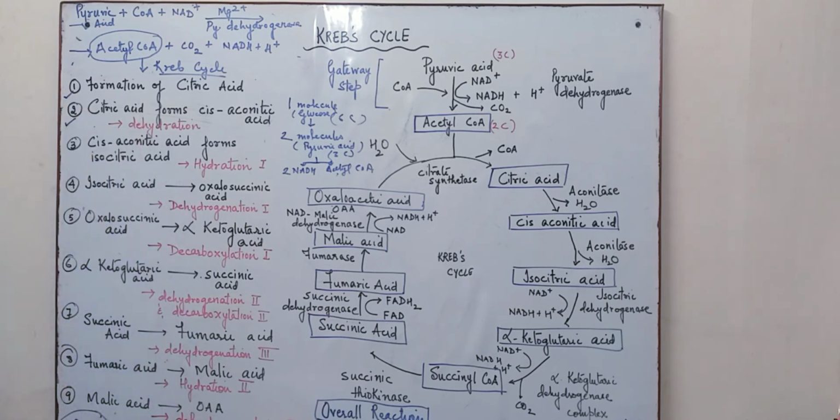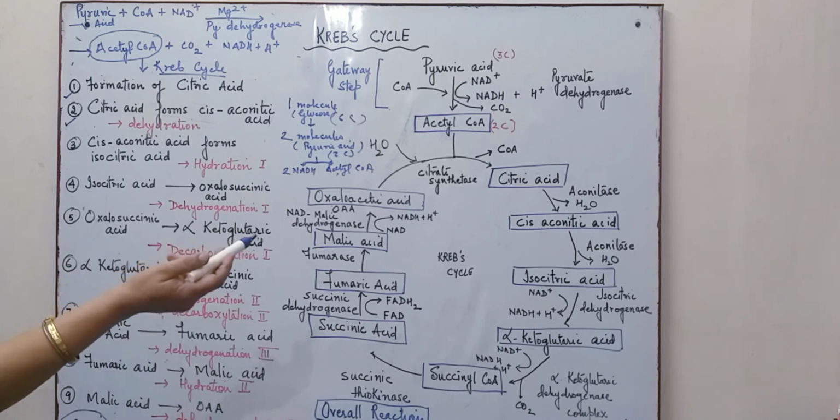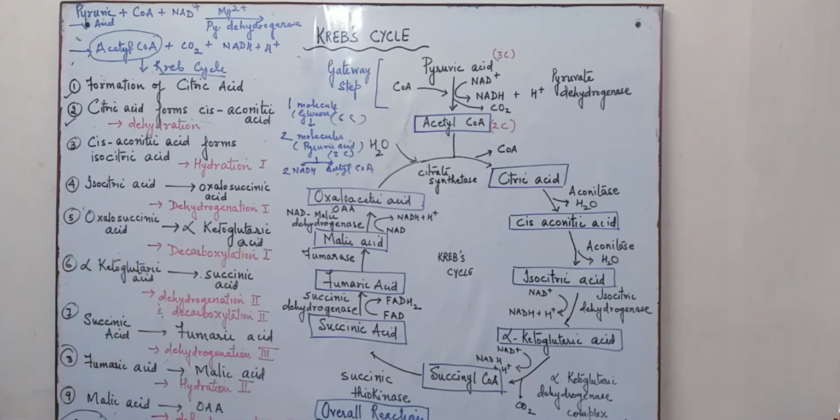During the dehydration, there is removal of a water molecule from the citric acid, and an enzyme known as aconitase guides the reaction. So in the cycle you can see the citric acid, there is removal of water resulting in the formation of cis-aconitic acid, and it happens in the presence of the enzyme aconitase.